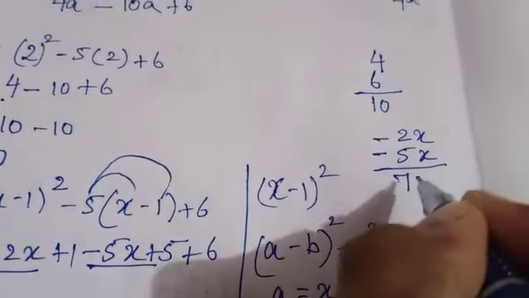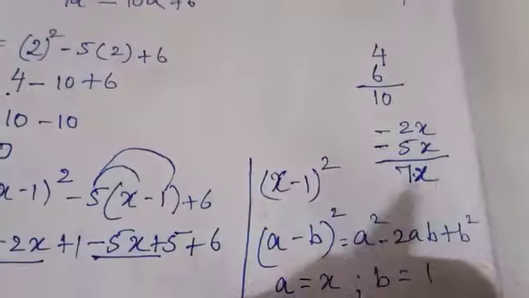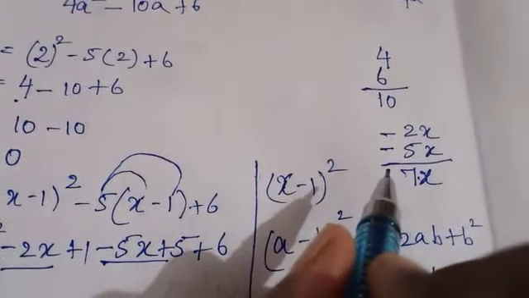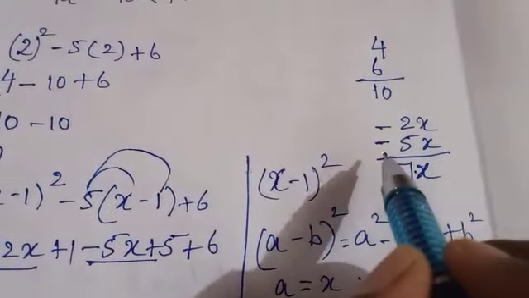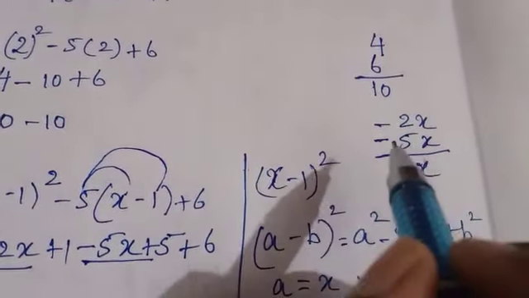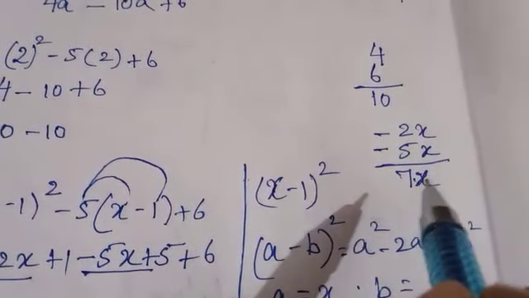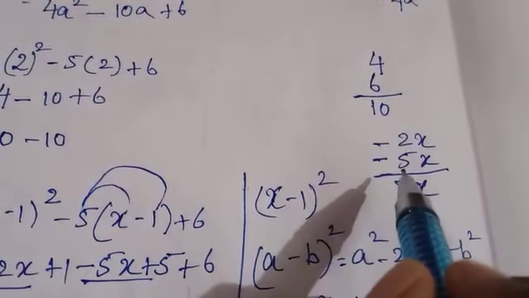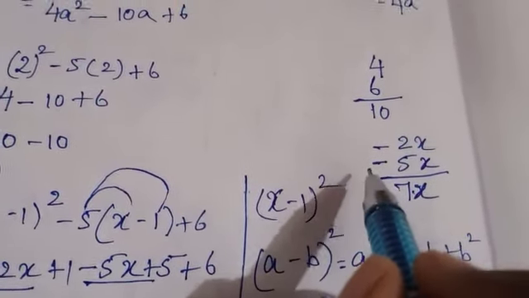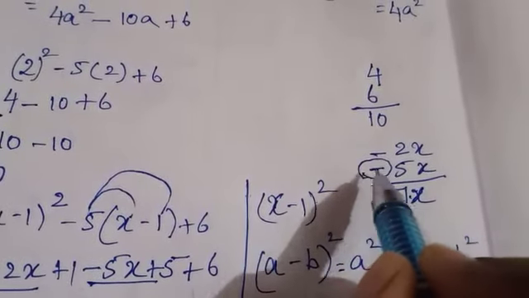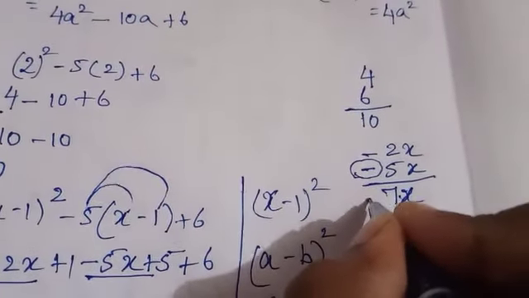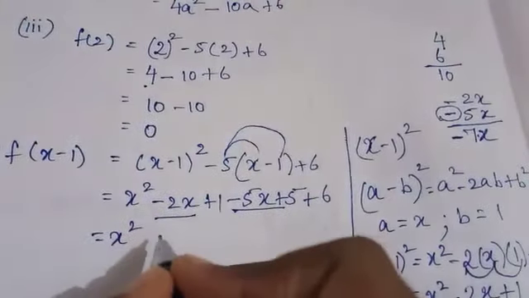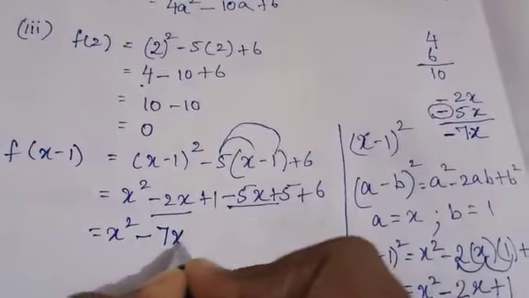After adding, we have to write the variable as it is, and check the sign of the greater number. Which is the greater number here, 2 or 5? 5 is our greater number. What is the sign of our greater number? Minus, right? So I'm writing minus in the answer. So the answer is minus 7x.